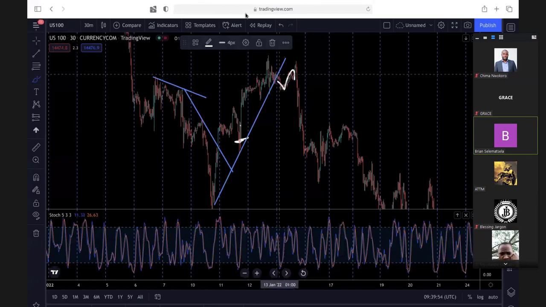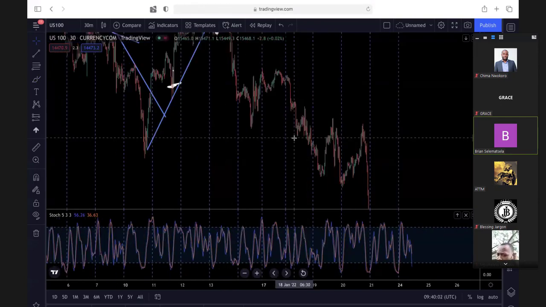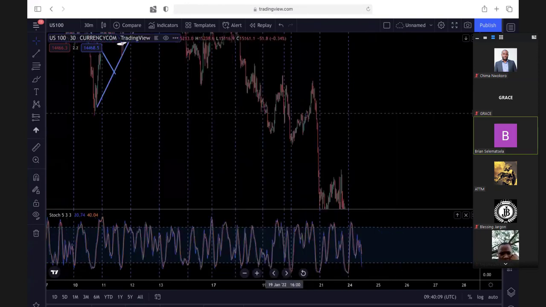That's why I'm saying to you that the market will tell you when it is about to turn into the opposite direction. There's no way it is not going to tell you, especially if you are implementing the footprint.